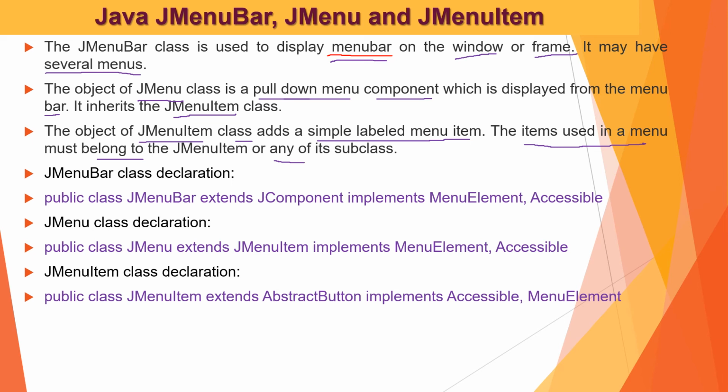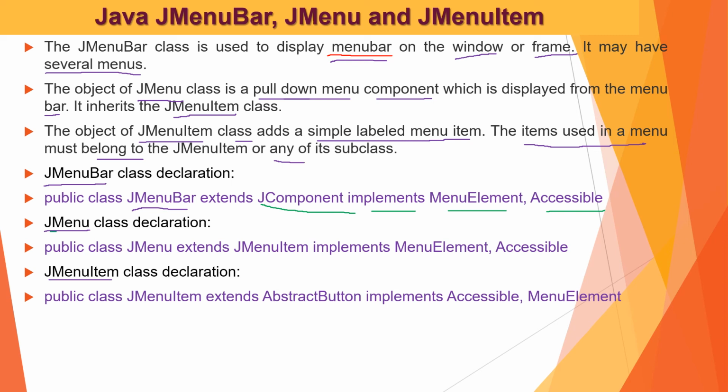What are the declarations of all three class components: JMenuBar, JMenu and JMenuItem? First, the JMenuBar declaration is public class JMenuBar extends JComponent and implements MenuElement, Accessible. Next, the JMenu class declaration is public class JMenu extends JMenuItem and implements MenuElement, Accessible.